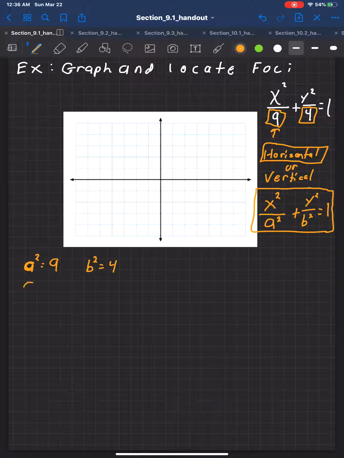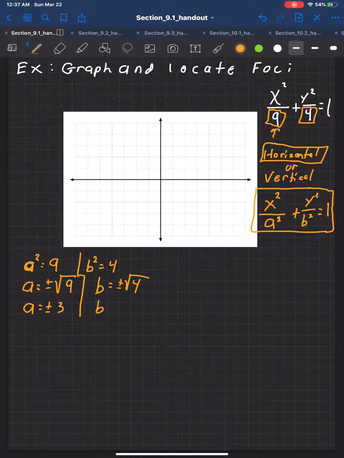So that would mean a is equal to plus or minus the square root of 9. And again, b is equal to plus or minus the square root of 4. All right, so that would mean that a is equal to plus or minus 3, and that b is equal to plus or minus 2.